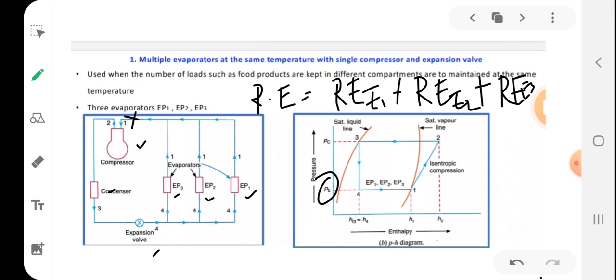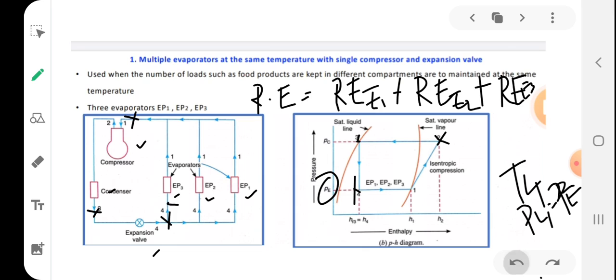After compression, it undergoes isentropic compression to reach 2. 2 to 3 is condensation, 3 to 4 is expansion, and after expansion the temperature will be T4 and the pressure P4 is equal to PE. It is expanded to the evaporator pressure. At this evaporator pressure, the refrigerant will be split into three.